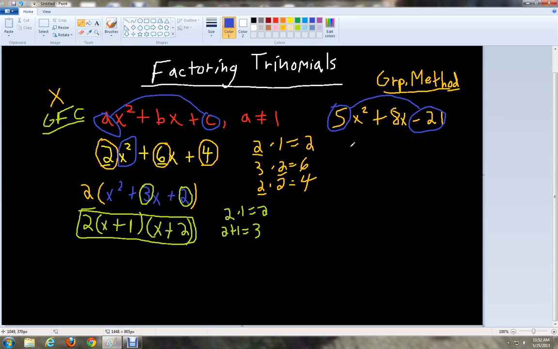So let's see what that is. 21 times 5 is, what's that? 1 times 5 is 5. 2 times 5 is 10. So 105, but with the negative sign, right? Because positive times negative is negative. And we have to find factors of negative 105 that add up to the middle number 8.